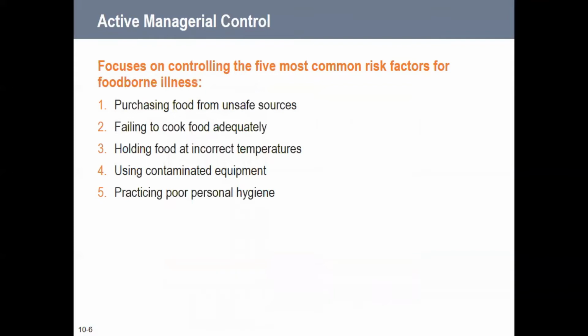So what is active managerial control? If you remember, and this was many moons ago, it seems like, we talked about the 5 common risk factors for foodborne illness. So one is purchasing food from unsafe locations, failing to cook food adequately, holding food incorrectly, using contaminated equipment, and practicing poor personal hygiene.